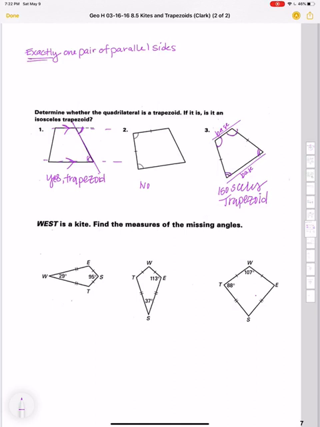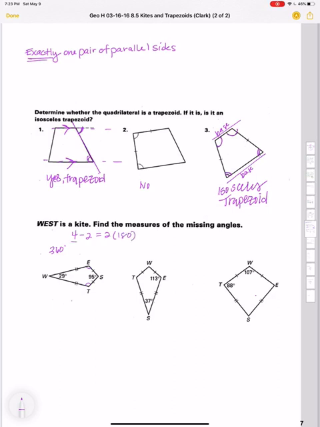So let's see, we have two of the angles, and we know the two that we don't know are equal to each other, but how many degrees are inside of a four-sided figure? 360 degrees. Remember, you do 4 minus 2 equals 2 times 180.